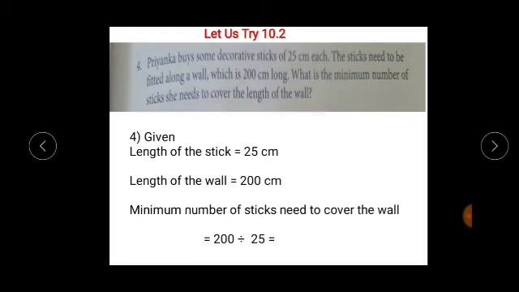It is given the length of the stick is 25 centimeter and the length of the wall is 200 centimeter. We need to find how many sticks are needed to cover the wall. The length of one stick is 25 centimeter. So the minimum number of sticks needed to cover the wall is 200 divided by 25. What is 200 divided by 25?